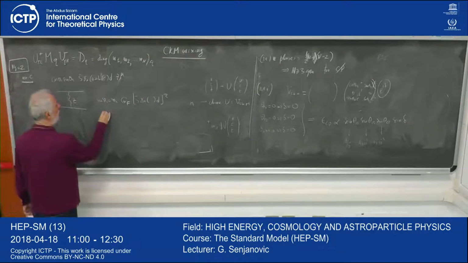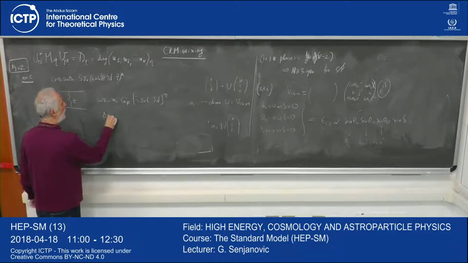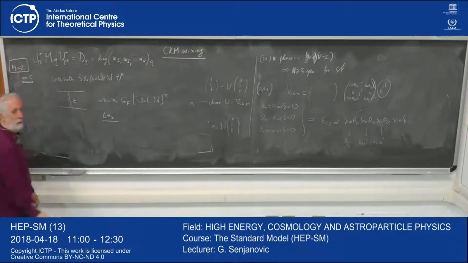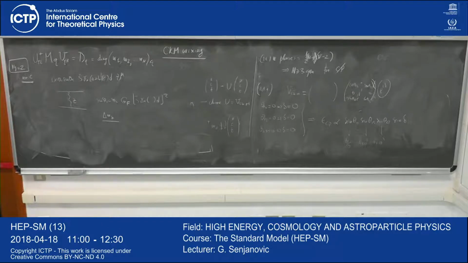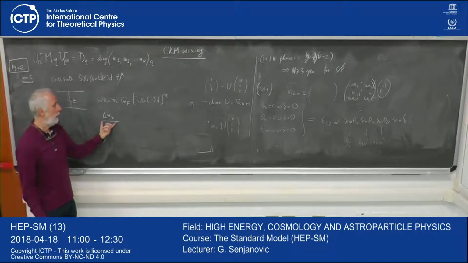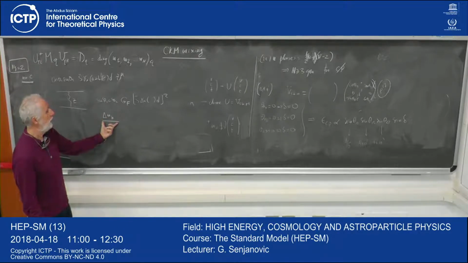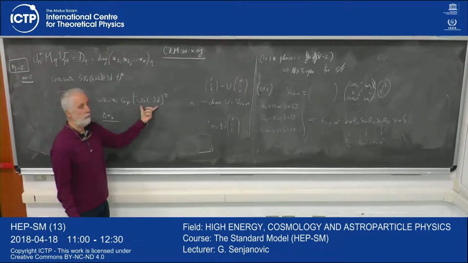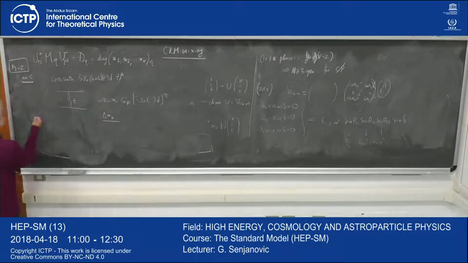And we estimated this. We concluded that this will produce a change in the K-K bar masses. Why? Because this changes strangeness by 2 units, and therefore it can take me from K to K bar.